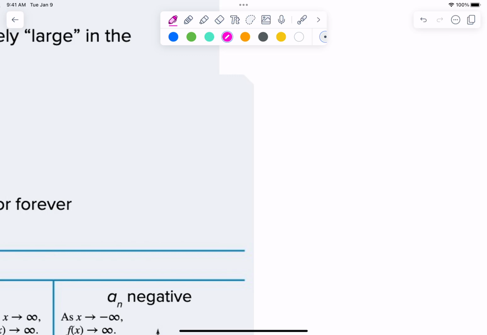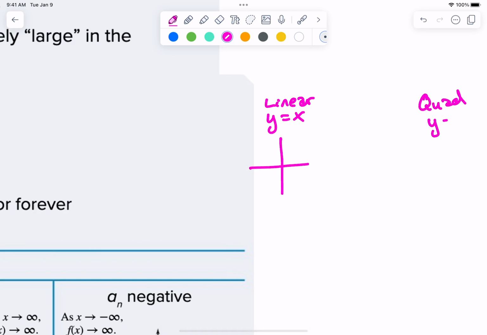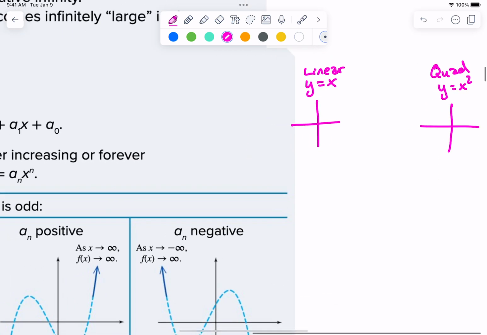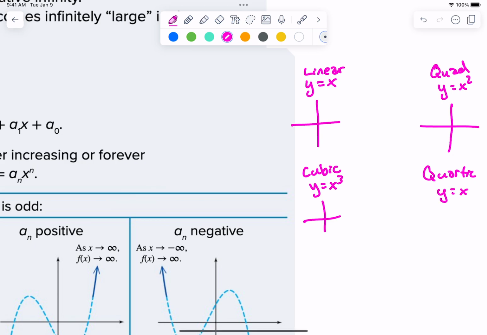Okay, so let's put y equals x. He is linear. Let's do a little rough sketch of what he looks like. And then over here, I'm going to do quadratic. We're just going to rough sketch these off to the side. I know you guys know what these look like, but we're just going to rough sketch them, okay? Quadratic, cubic, put them in this exact order.